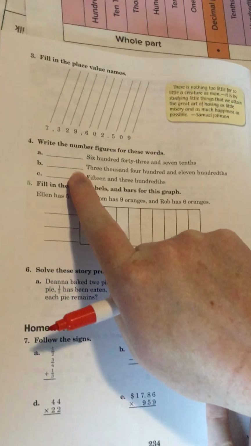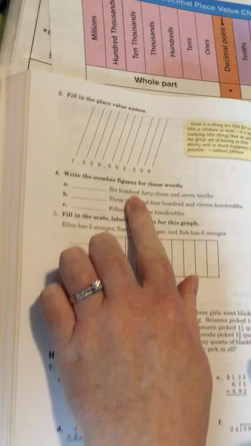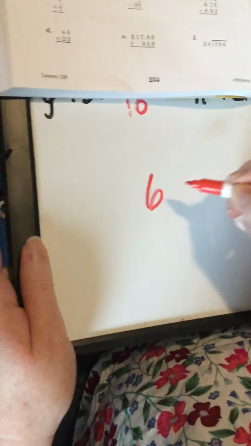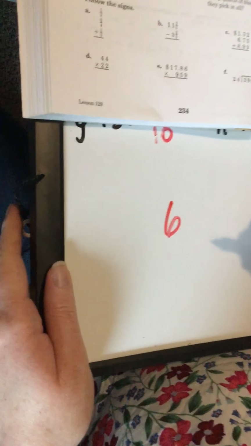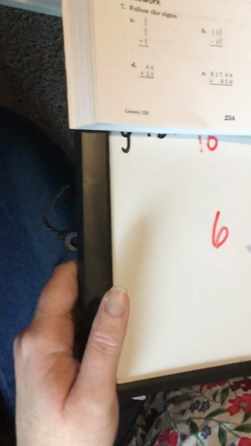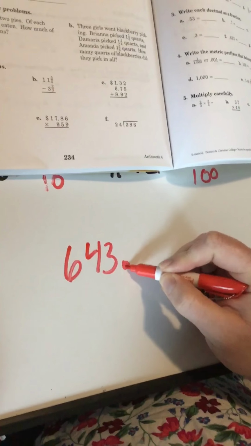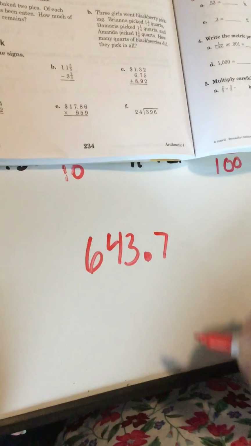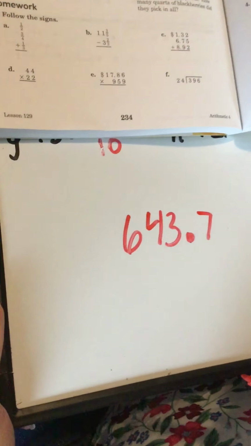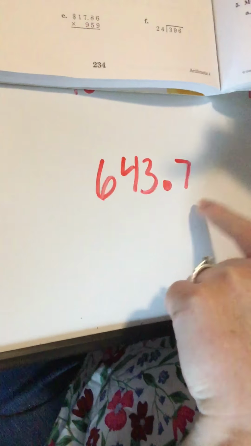This one, you're just going to write the number out. So 643 and 7 tenths. 643 and 7 tenths. Because this is in the tenths place value.